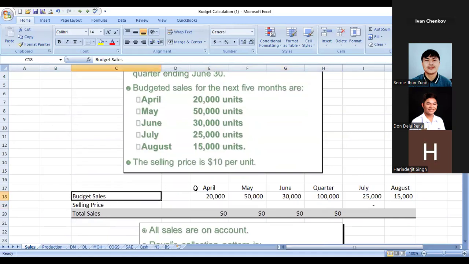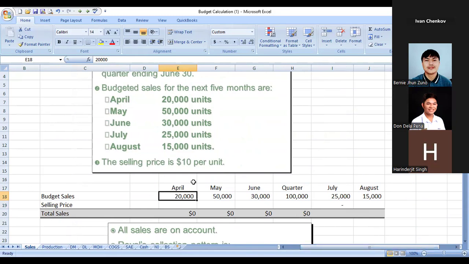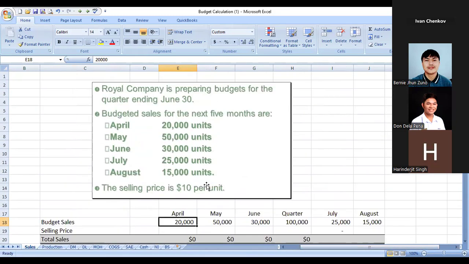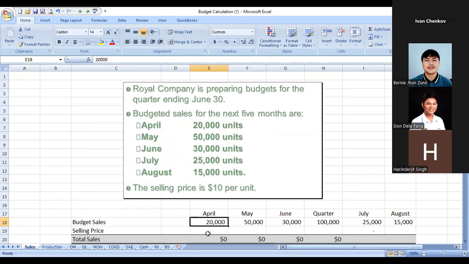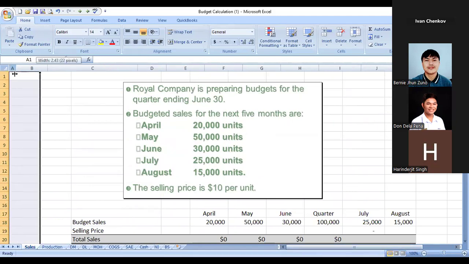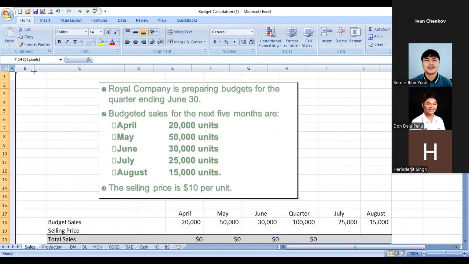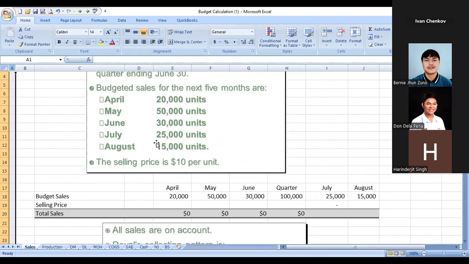We're going to have our budget sales in April, May, June, July, the first quarter, and where the quarter ends. So the quarter ends at June 30th, and after that we have 2 more months after the quarter.